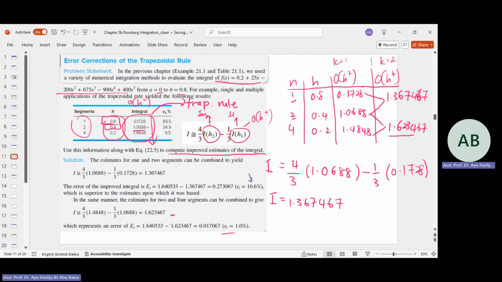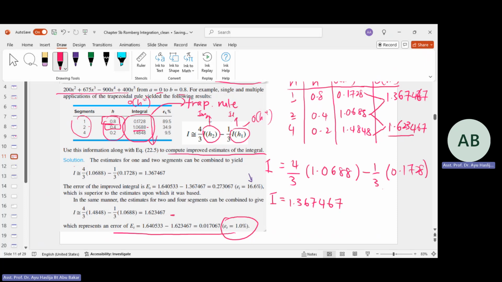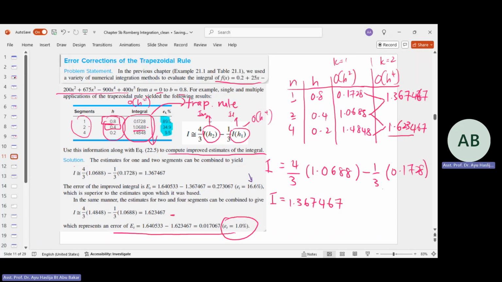Okay, so down here, it mentioned the error. True error will be lesser. From the first integration, first level, go vertically, you will get the final value. The lowest error is 9.5. But when you go sideways, the error will be lesser.